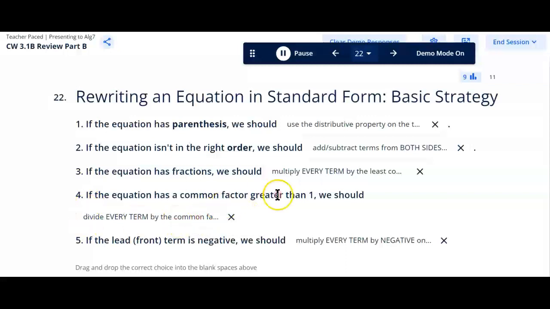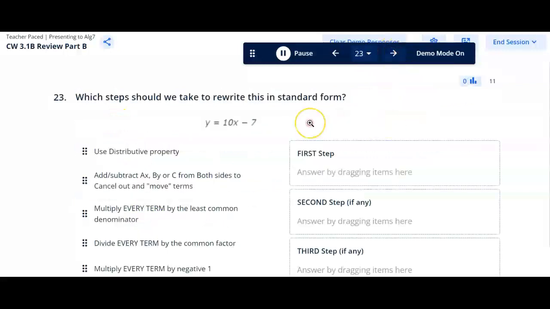So generally speaking, we're looking at a maximum of 4 steps, most times 3 steps, and we're going to look at what would be our strategy for rewriting some of these in standard form.